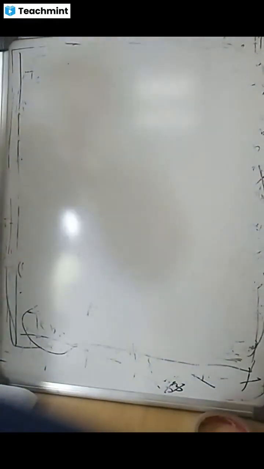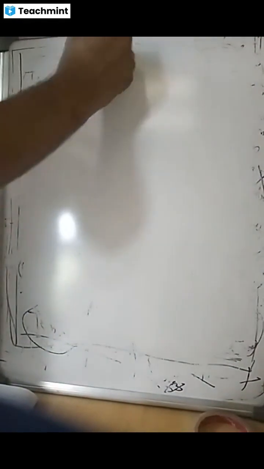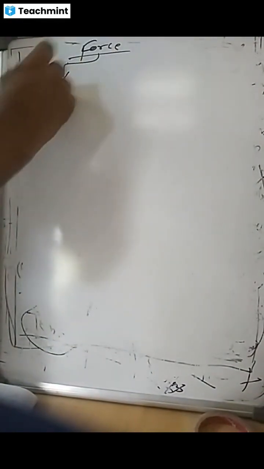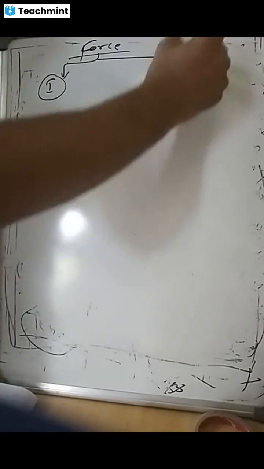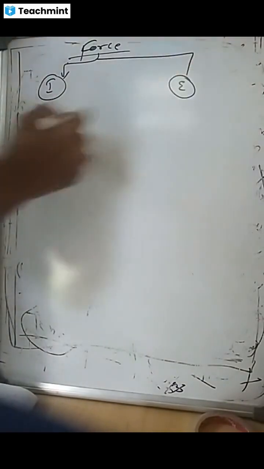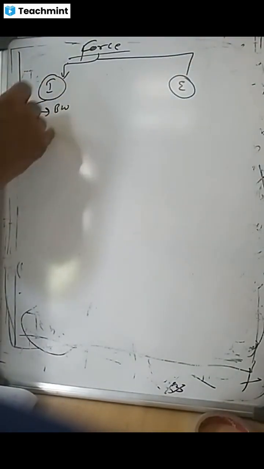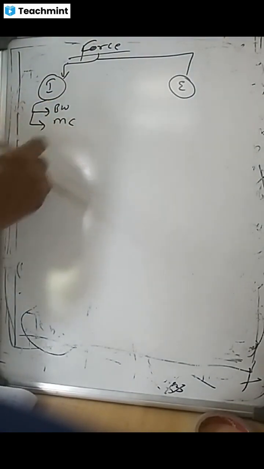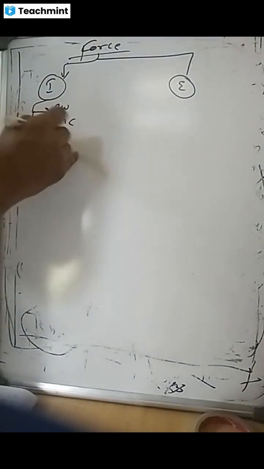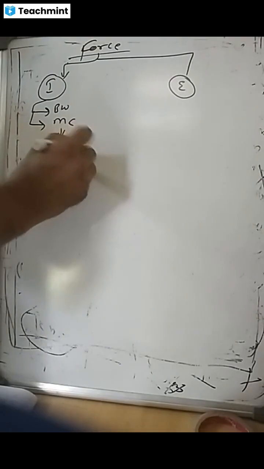So in ICAR 2009 there was an MCQ from this topic. So if I solve this topic, that is forces, intrinsic, here why is it because of body weight, muscle contraction, here avulsion.